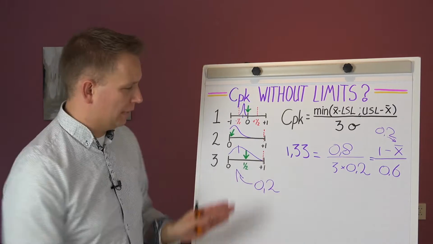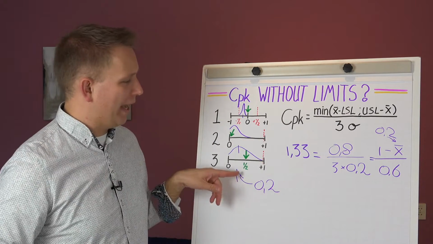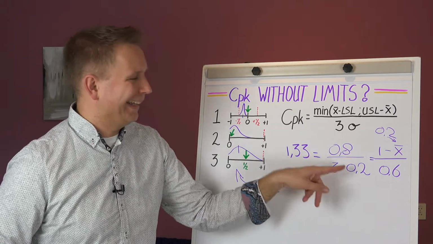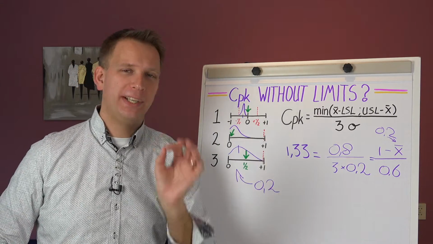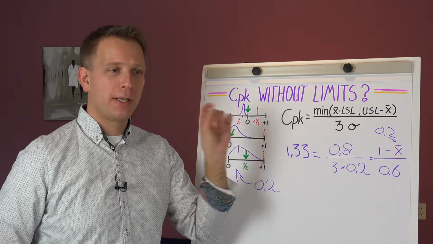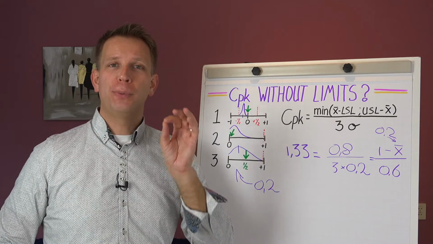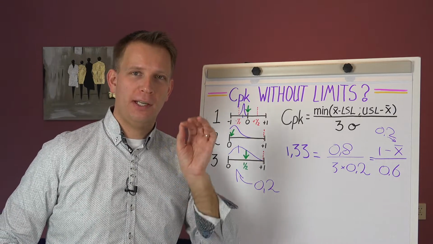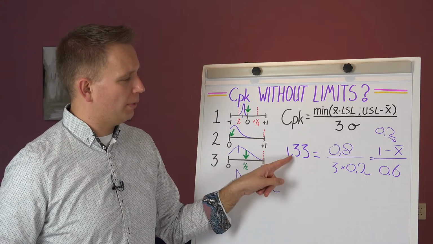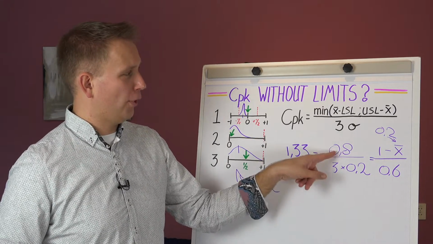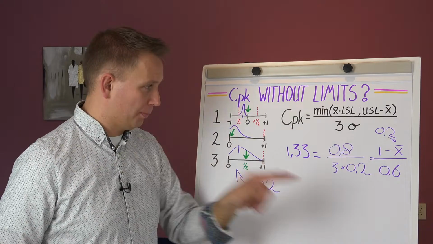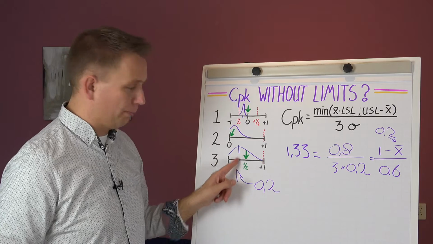If in this process you have a standard deviation of 0.2 and you have decided, management decision, this is a choice. Your CPK is, especially in this case, going to be a choice. What target are we going to put for ourselves? But if you decide that we want a CPK of 1.33, then following this formula leads us to having to center the process at 0.2.